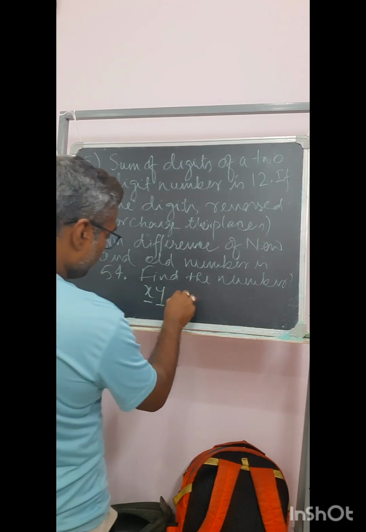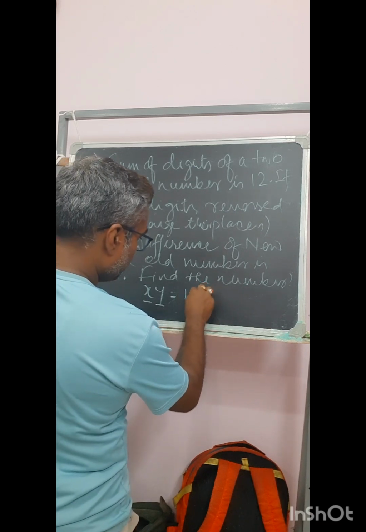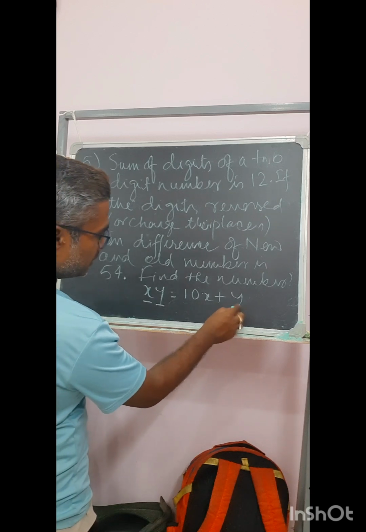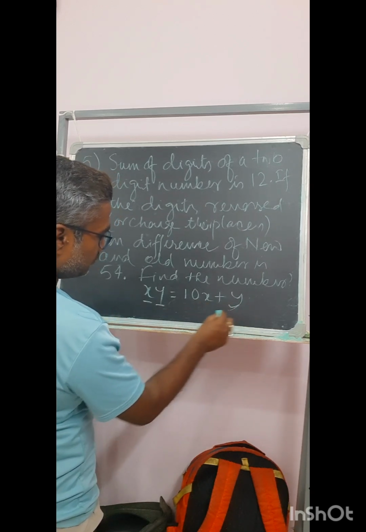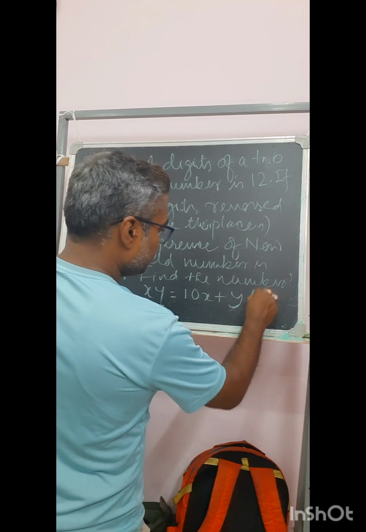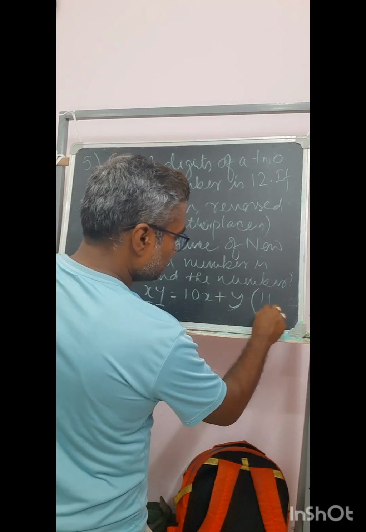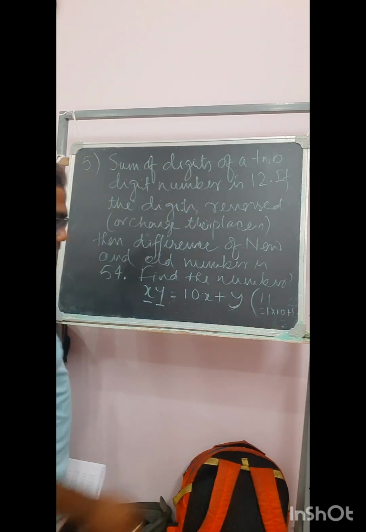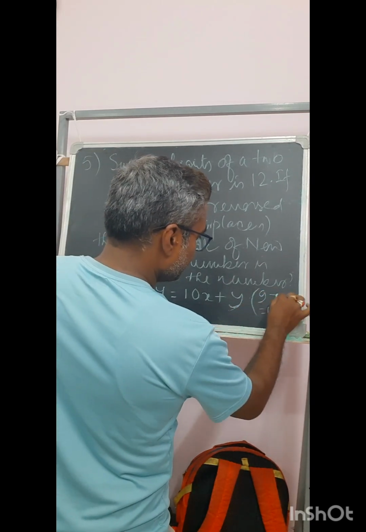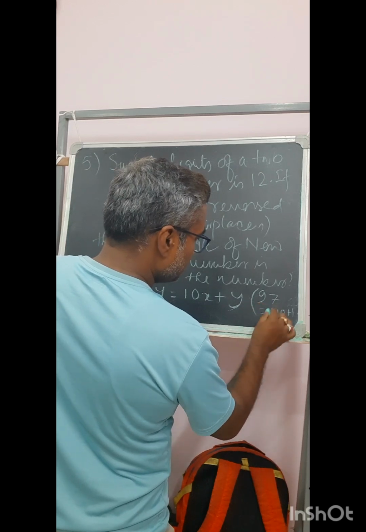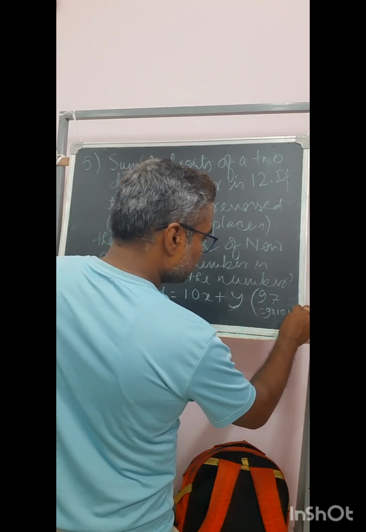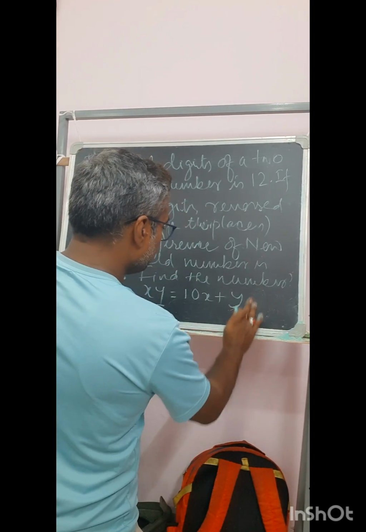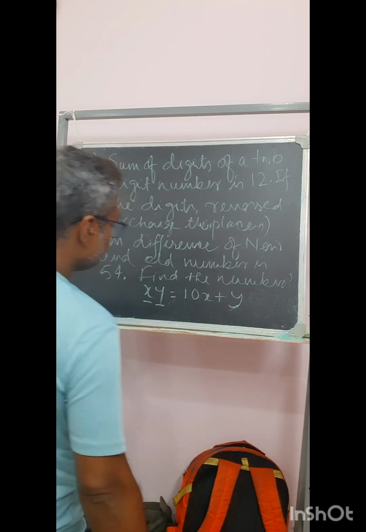Now if I elaborate the number, the ones place is multiplied by 1 and the tens place is multiplied by 10, which gives the exact value. That means 11 is nothing but 1 into 10 plus 1. Similarly, for 97, the tens place is multiplied with 10 and the ones place with 1, which gives 97. Similarly, x and y can be written in this form.